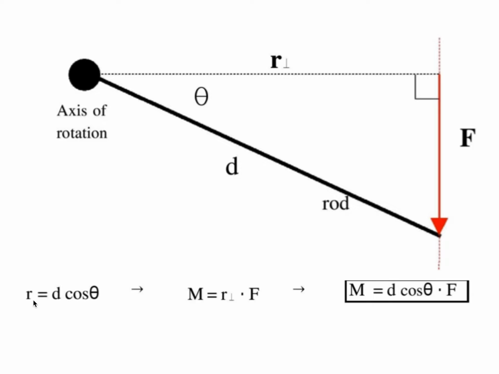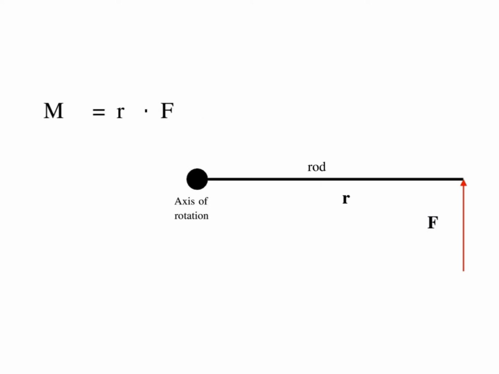So D cosine theta equals the moment arm, and the torque in this case would be D cosine theta times the force. And we know that R will be less than D, right? Because cosine theta is always smaller than or equal to 1. So in this case, the torque is actually less than the torque in the previous case, assuming the same force. All right, so that's the concept of torque.